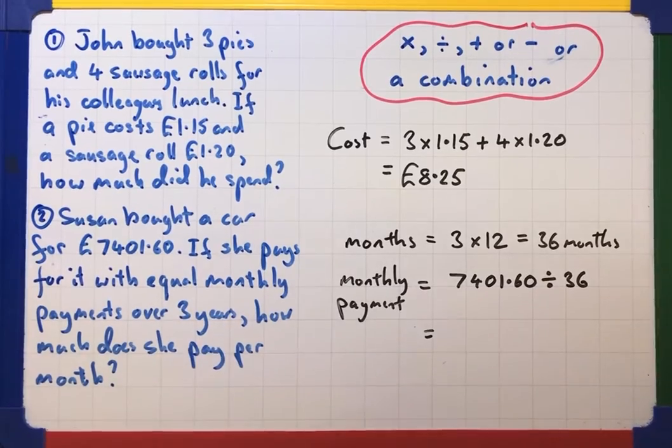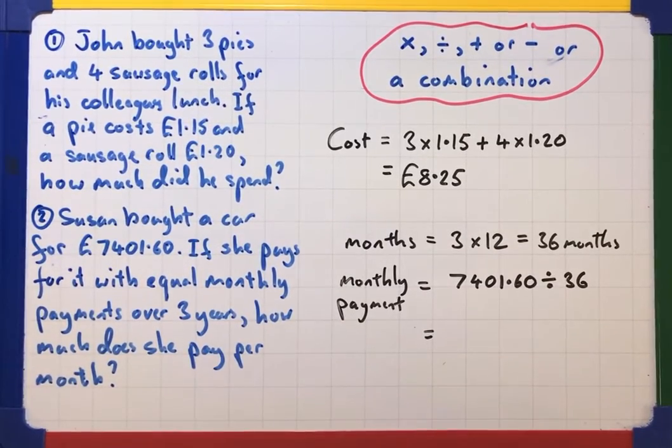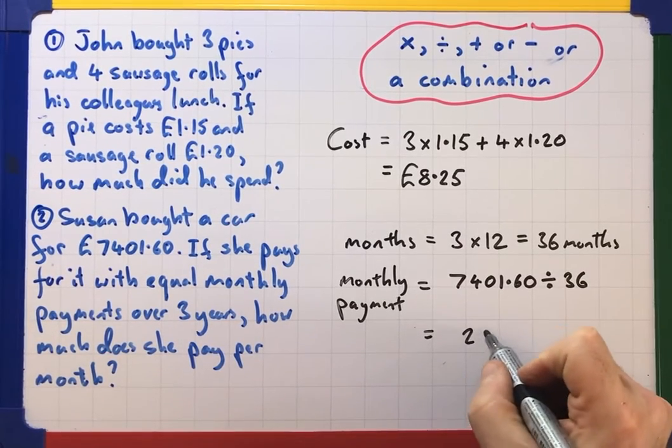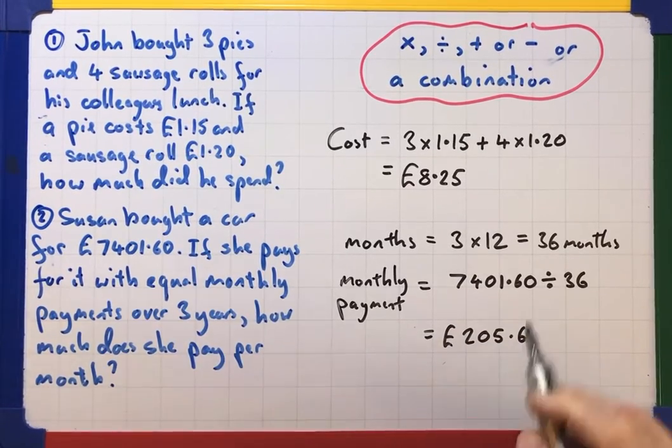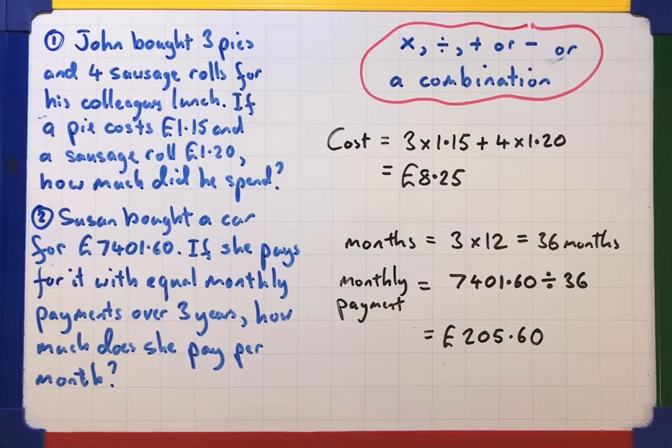If we work that out, again, using my trusty calculator, 7401.6 divided by 36 gives me a fraction again, S to D, 205.6. Remember what I said, we can't leave it like that. We must put in a 0 to go with it. So buying this car over 3 years will cost £205.60.